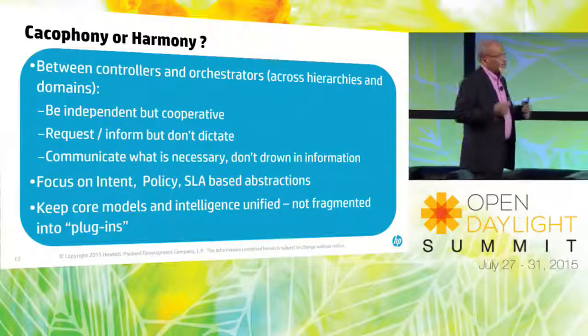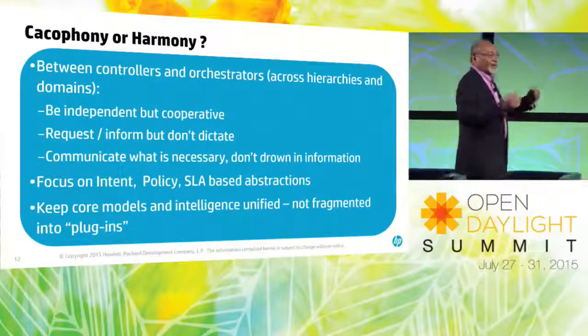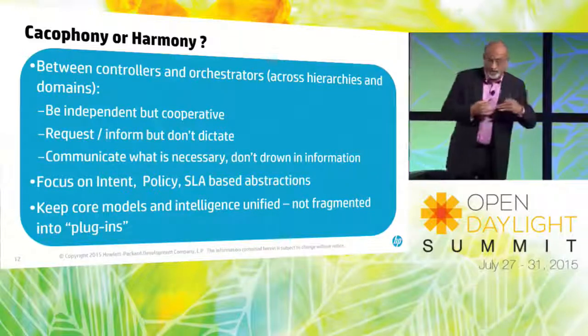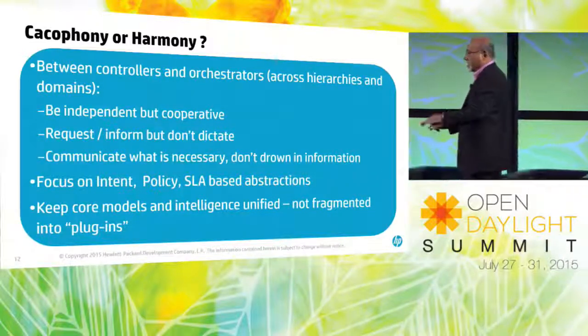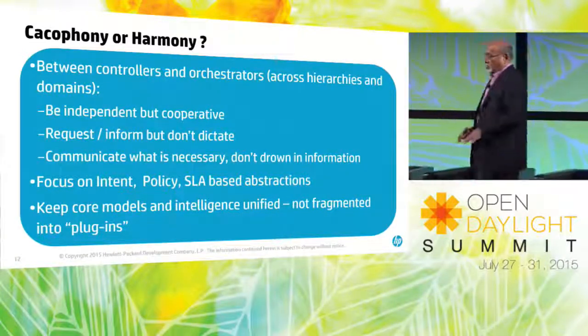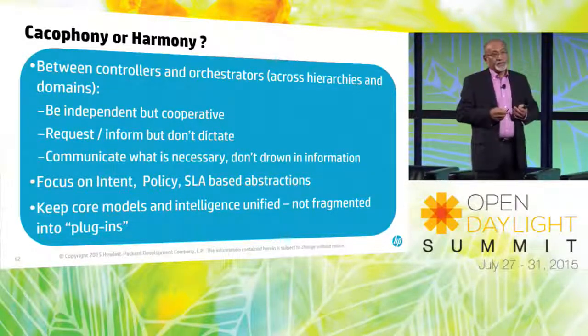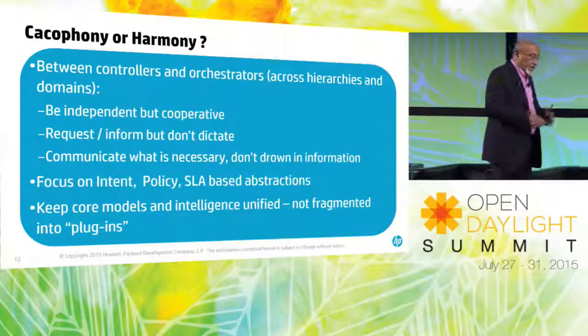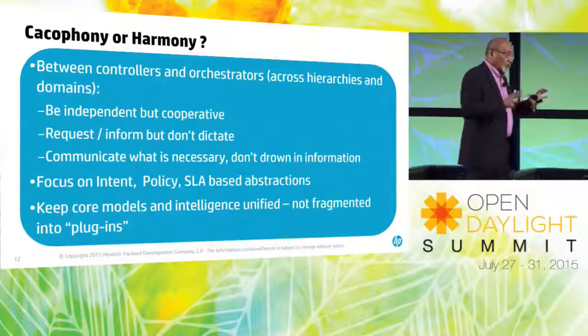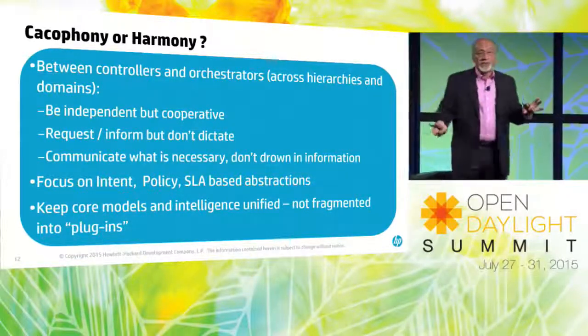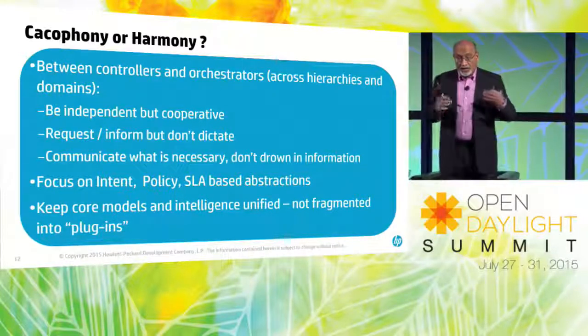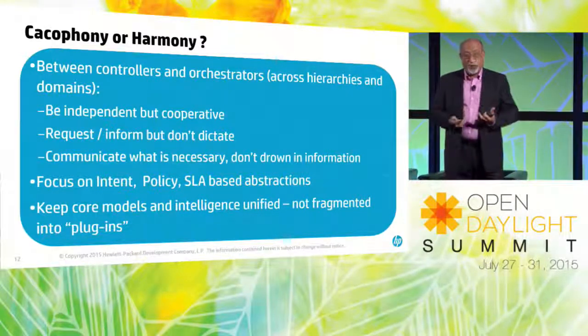And I'd say let's focus on intent, policy, and SLA-based abstractions above. Let's hide the complexity of the network below and try to unify on a common set of intent and policy-based interfaces. And let's keep the core controller infrastructure, for example, in Daylight, to be where the intelligence and the models are.